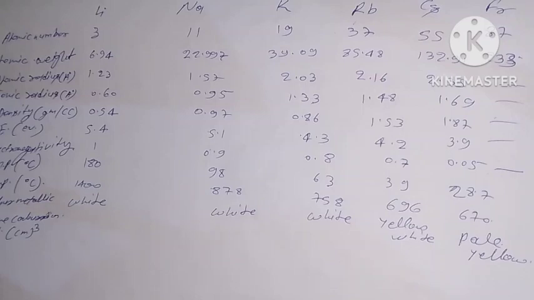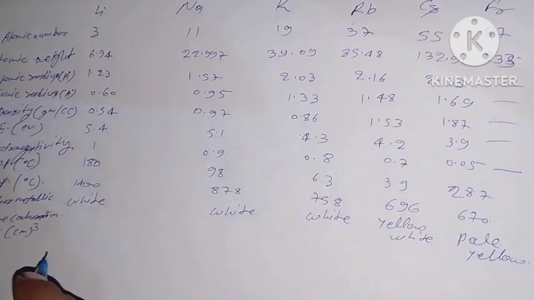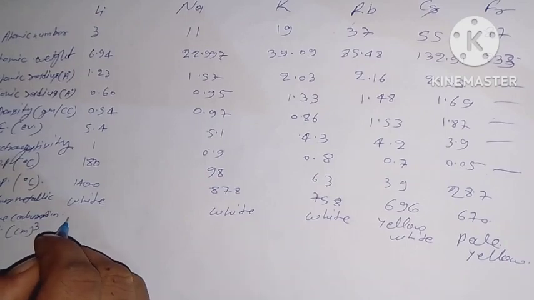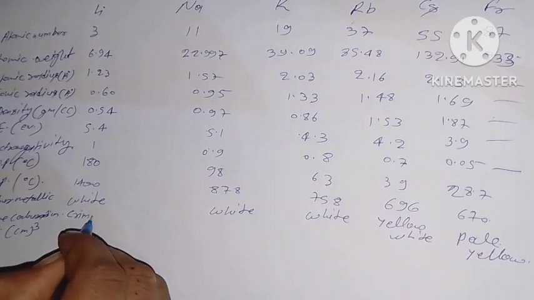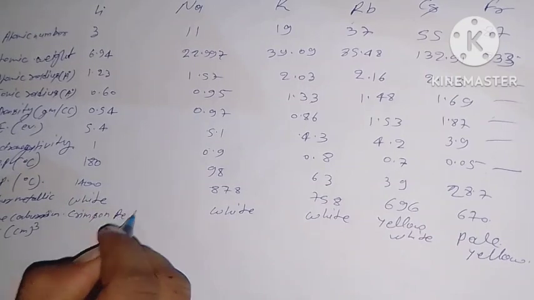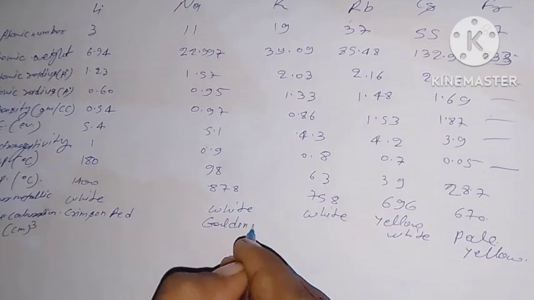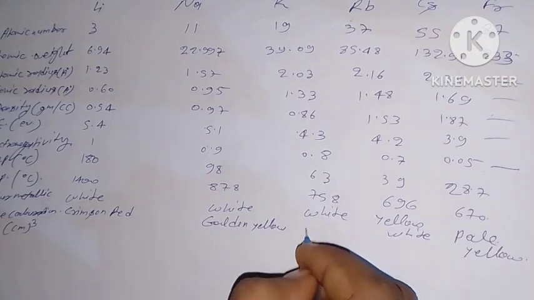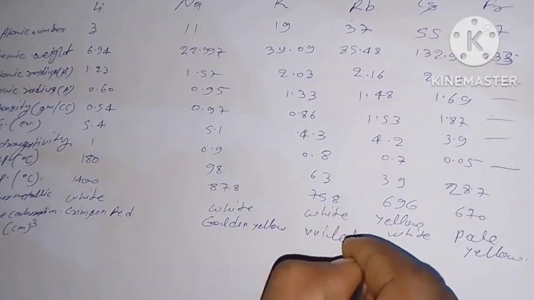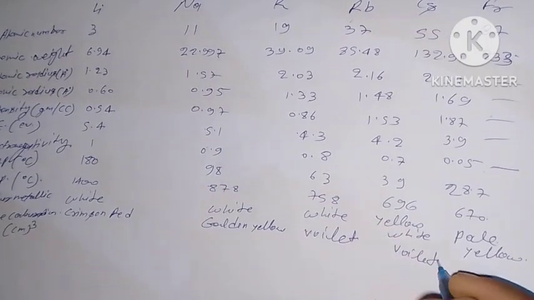Flame coloration: lithium crimson red, sodium golden yellow, potassium violet, rubidium violet, and francium violet.